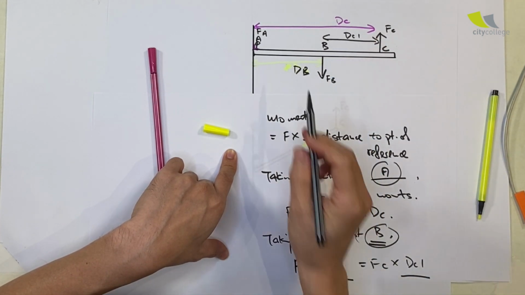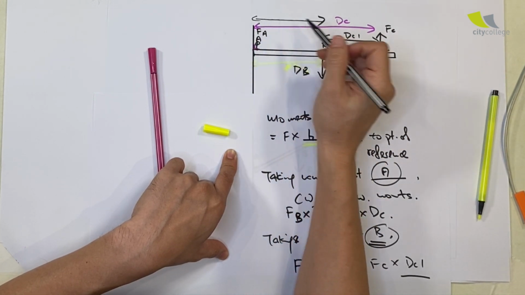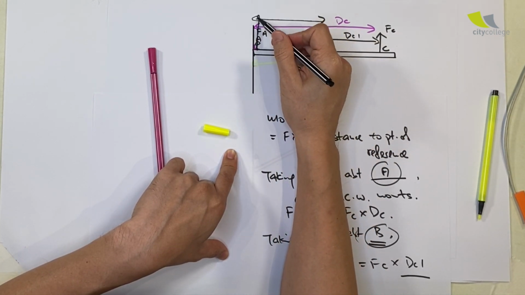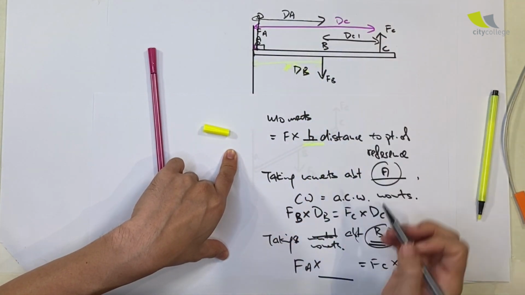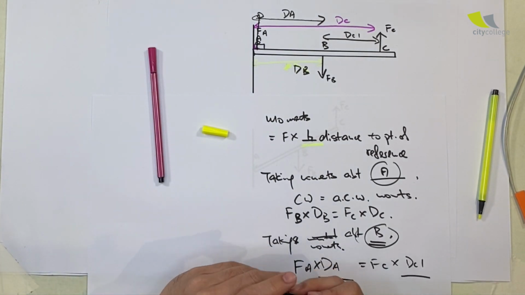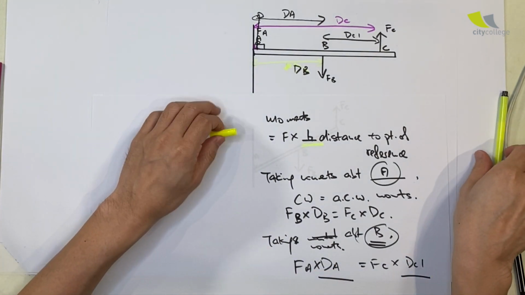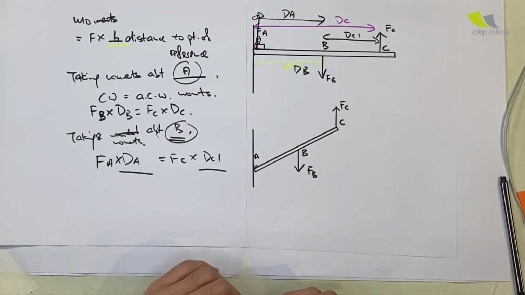FA is multiplied by the distance from here to our point of reference again, and it is perpendicular. This line is up, this is perpendicular. So let's call this DA. So this is balanced.